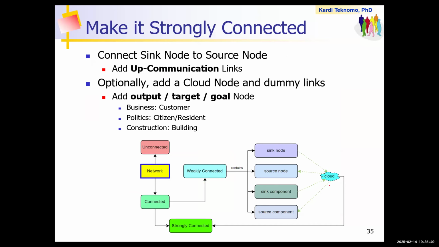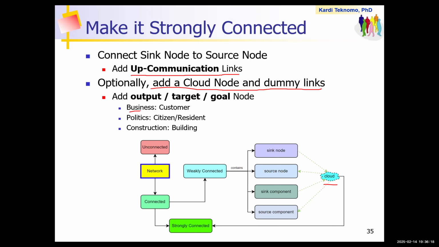So one way is to add the cloud node, with dummy nodes and dummy links, and then you can get strongly connected. The simplest way is just to add a communication link. Or you can also add another node, which is the target or the goal, the output node, depending on your system.